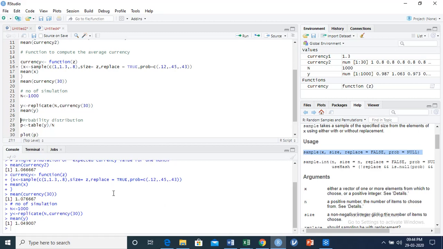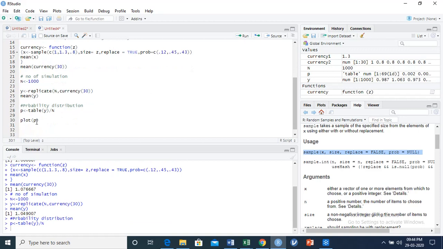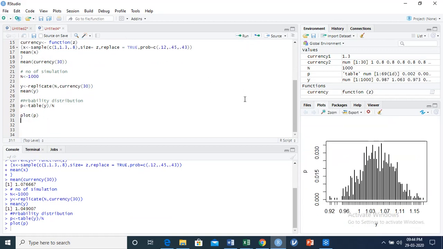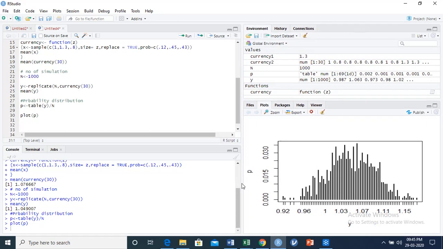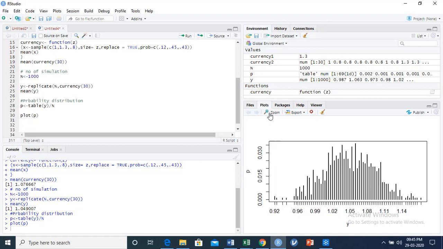Now we calculate the probability distribution using p equal to table y by n, and if we plot this, we automatically get the probability distribution. If we look at the diagram, I zoom it.